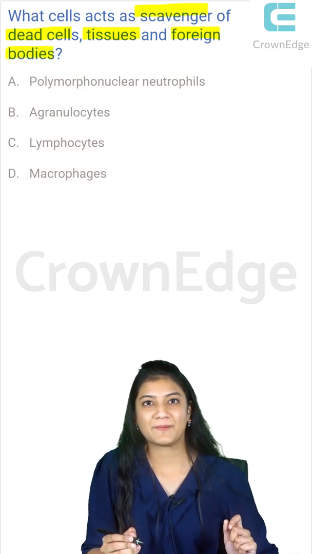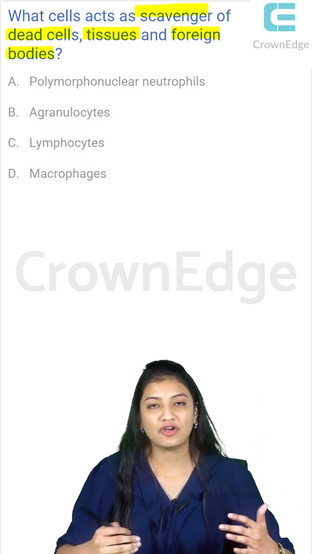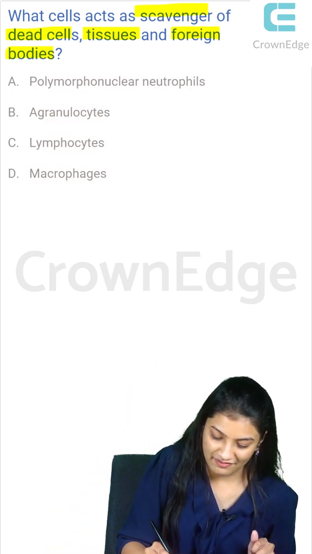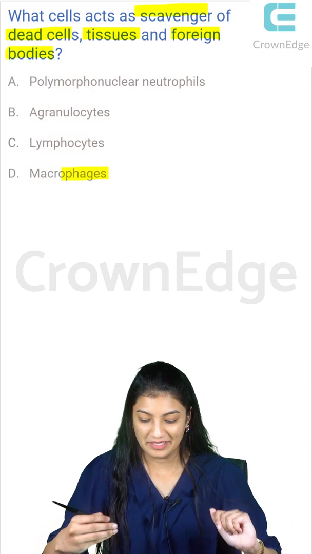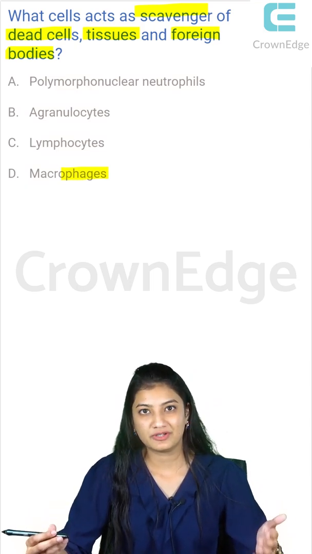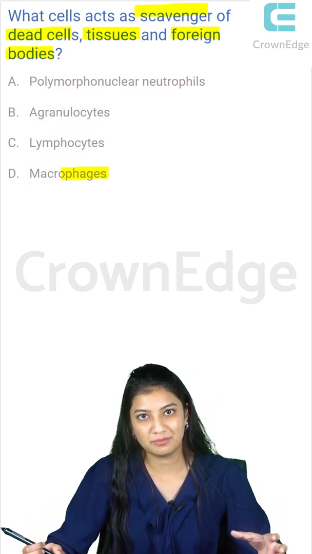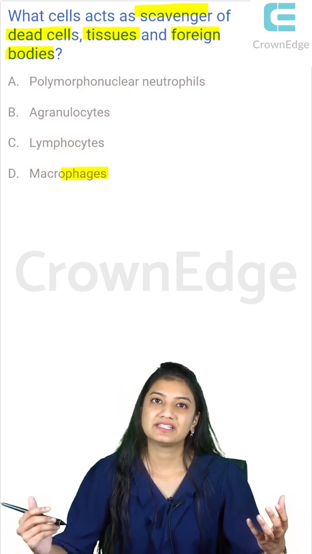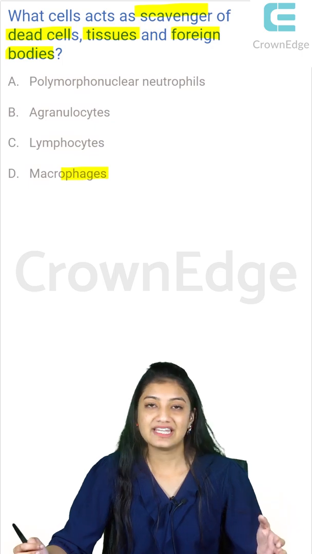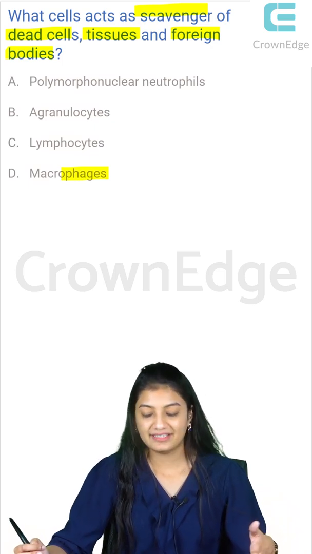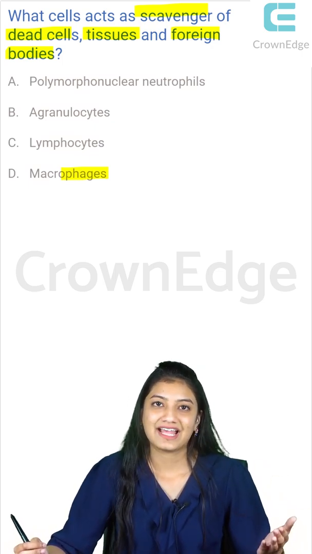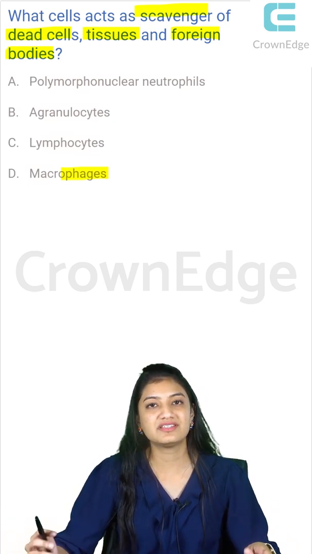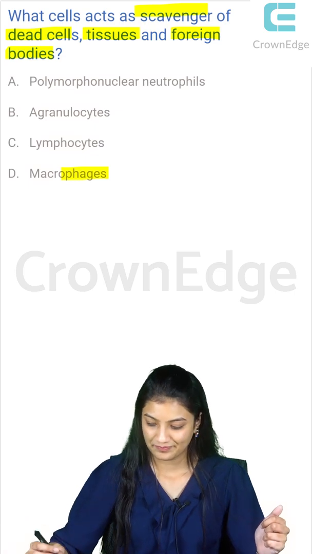A scavenger is something that eats it up, and in the options there is something which tells you clearly: phages. Phages are something to eat it up. Whenever the polymorphonuclear neutrophils fail to remove the bacteria, the circulating monocytes reach the site of inflammation and change into macrophages. And so these macrophages are the ones which are responsible for phagocytosis and pinocytosis.